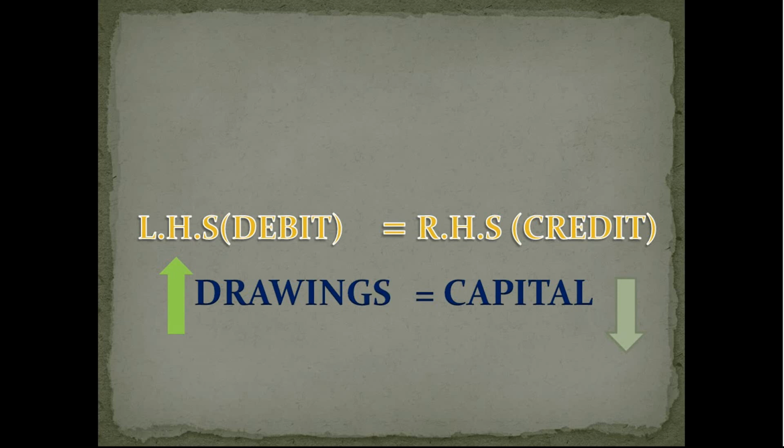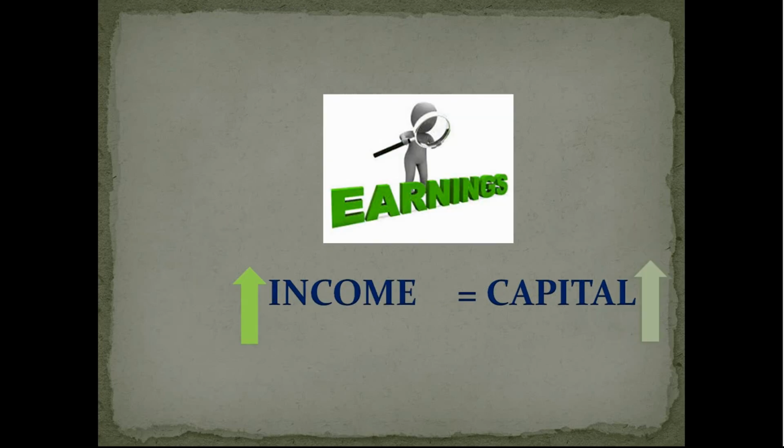capital, liability and drawings. Moving ahead to income: the business enterprise can also be seen as an agent of the owner who runs the business and earns profits. The profits actually belong to the owner, and whatever profits the business earns, the business drops in the capital account since it belongs to the owner, thereby increasing its capital.